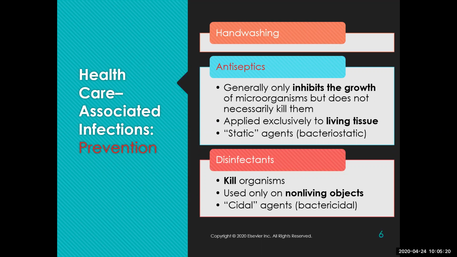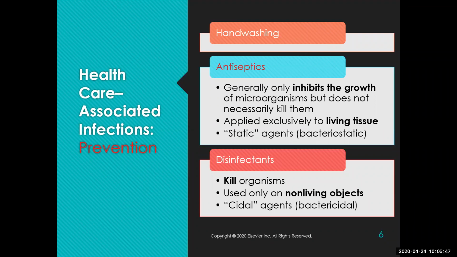So you would not put raw chicken with salmonella on your kitchen counter and then clean up with an antiseptic, because it would leave behind the salmonella. It couldn't multiply, but it's still active and it can still be transmitted to a human and cause infection. In that case, you would want to use a disinfectant that would actually kill the organisms.